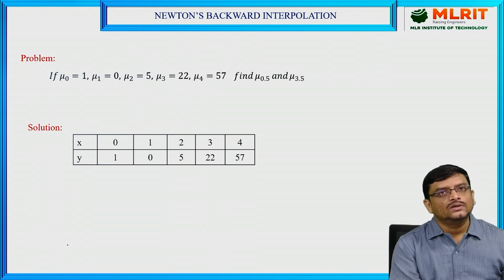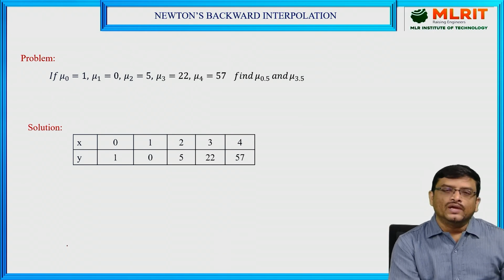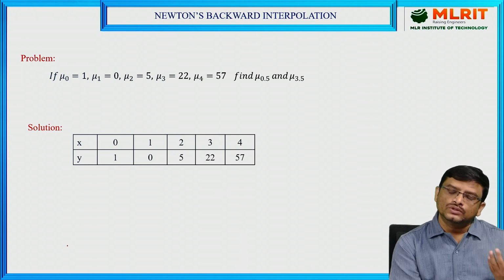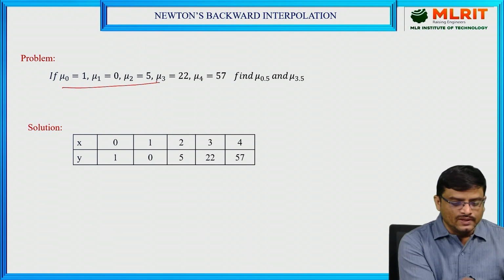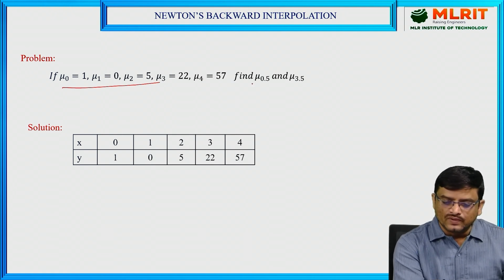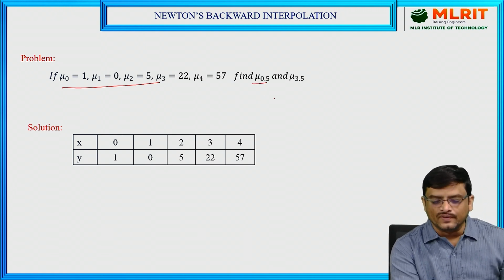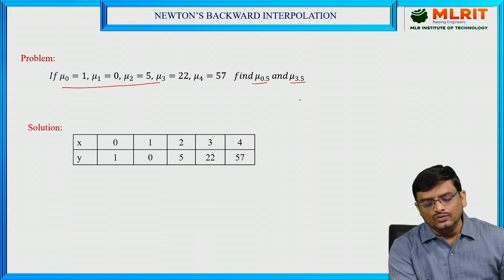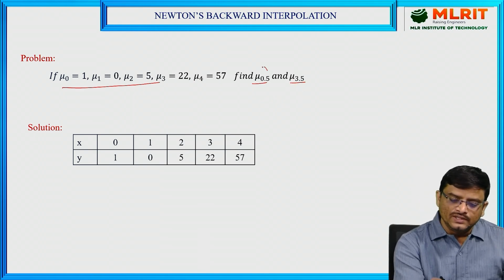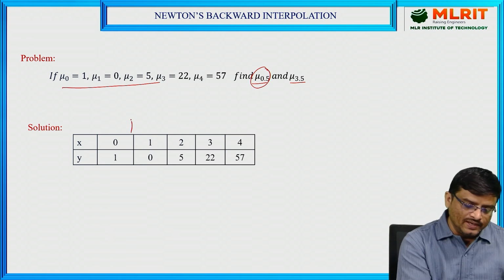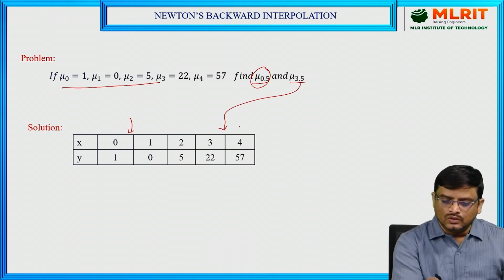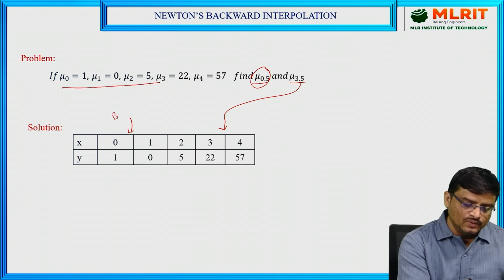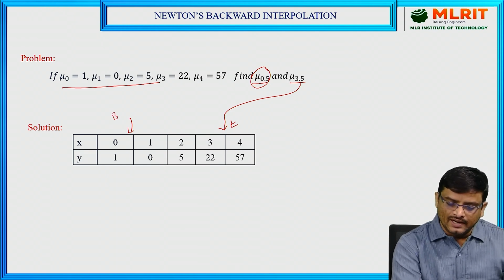Now let us take one more problem, how we can use a single table to apply both Newton's forward and Newton's backward interpolation. Here is the data given, and using this data we have to find the value of u suffix 0.5 and another value u suffix 3.5. 0.5 lies at the beginning of the table, between 0 and 1, whereas 3.5 lies between 3 and 4, at the ending of the table.